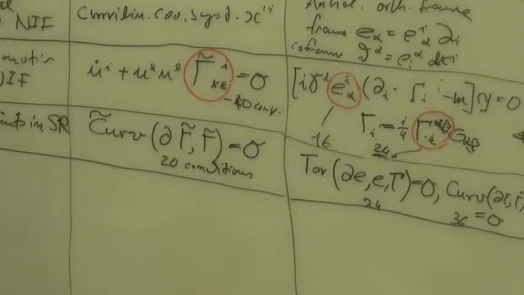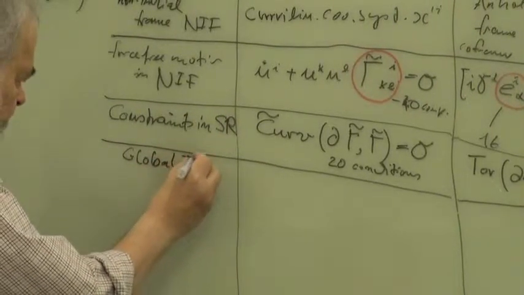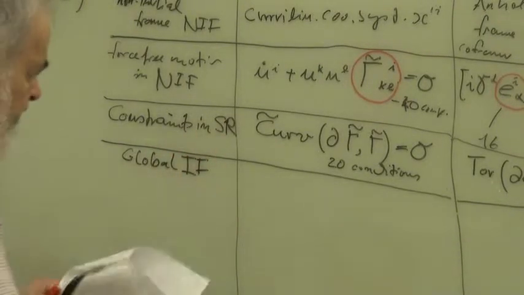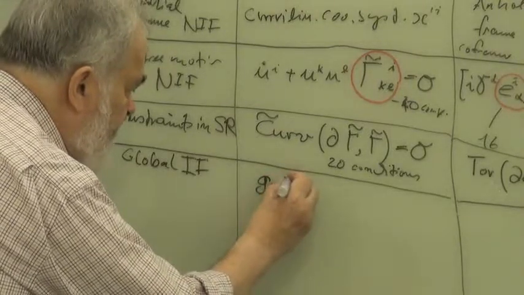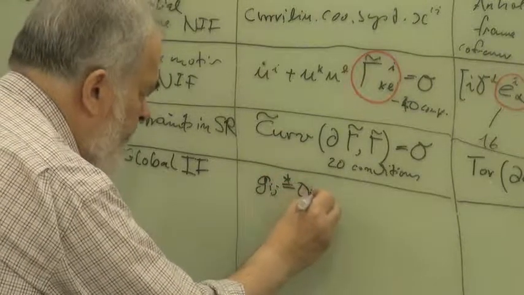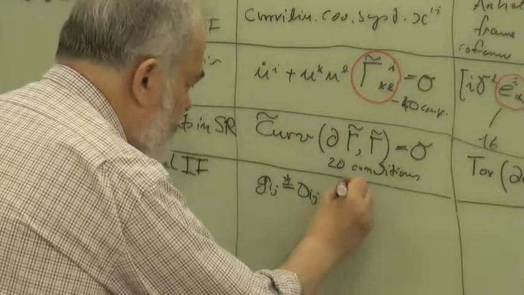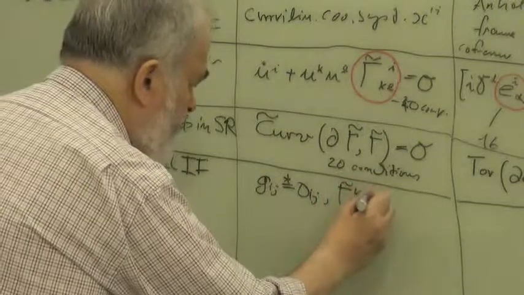But still, in a global inertial frame, since you are in special relativity, you can always introduce that the g_ij is globally the Minkowski metric. And then, of course, the Christoffel symbol vanishes.